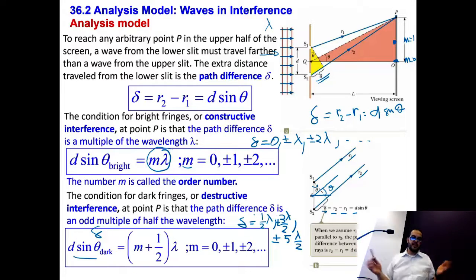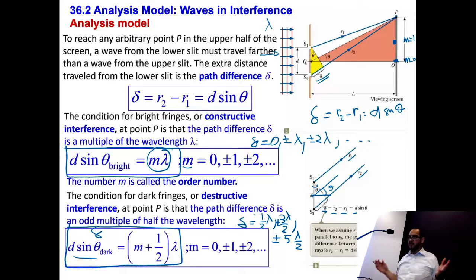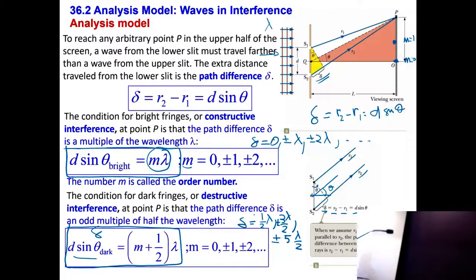So this is the condition for maximum or constructive interference, and this is the condition for minimum or destructive interference. So now we have a mathematical equation that is a function of wavelength, the angle theta that we see on the screen, and also the order number.